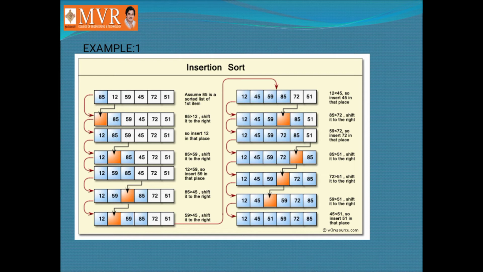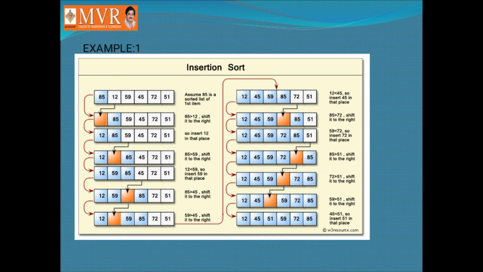After that, again perform the swapping on the next element, that is, 85 is compared with 72. When 85 is compared with 72, 72 is smaller than 85. So it should be in front of 85 and 85 should be shifted back. So swapping is performed.